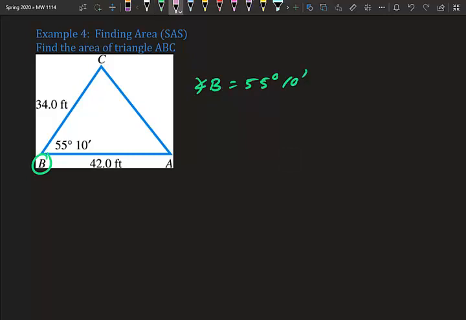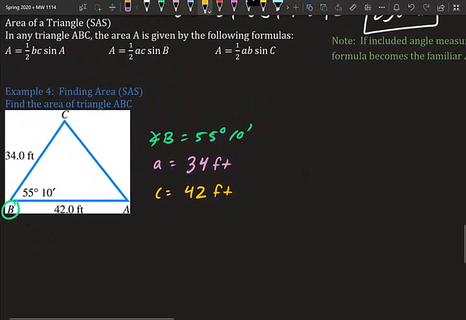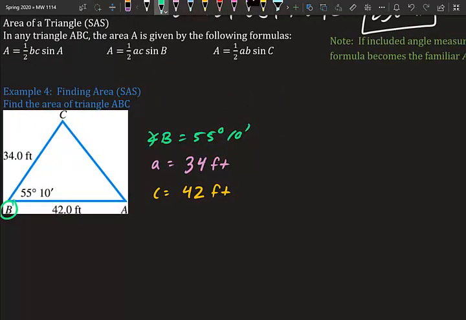We're given side A, because across from angle A is side A, which is 34 feet. And then we're given side C, because opposite C is 42 feet. So from what we're given, angle B, and we have side A and side C.